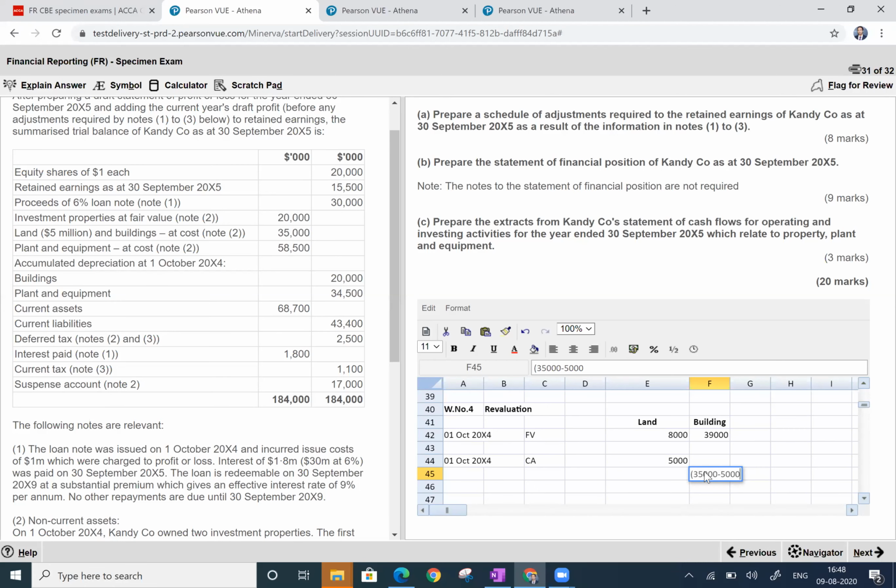So 30,000 is the cost of building. Now, on 1st October, building has an accumulated depreciation of 20,000. So 35,000 minus 5,000 minus 20,000.